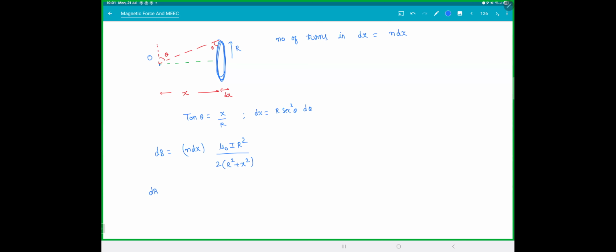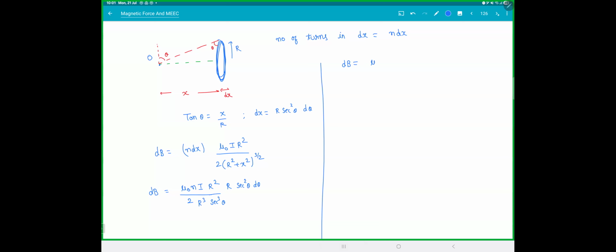So if you substitute here, you will end up with mu naught n I r square by 2. Denominator will be r square plus x square to the 3 by 2. That will be r cube, 1 plus tan square theta, sec square theta. That will be sec cube theta. Numerator will have another r sec square theta d theta.